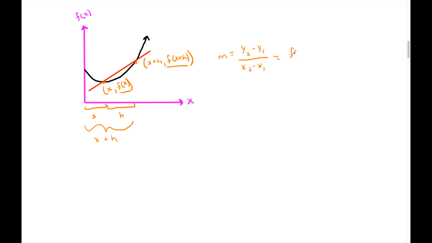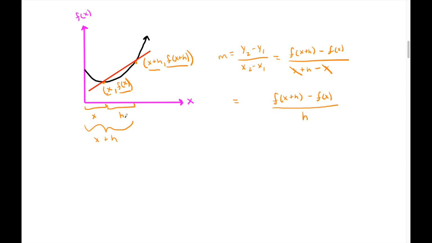So we have f of x plus h minus f of x over, now for x2 and x1, we have x plus h minus x, and you can already see that we can cancel out positive x and negative x, so that we just get the slope is f of x plus h minus f of x over h.